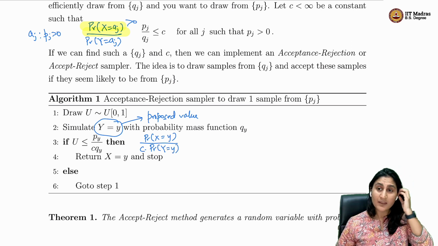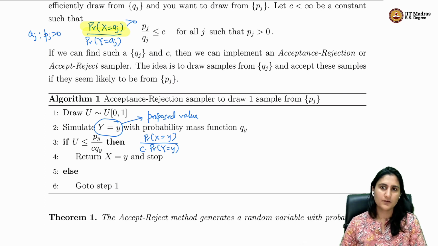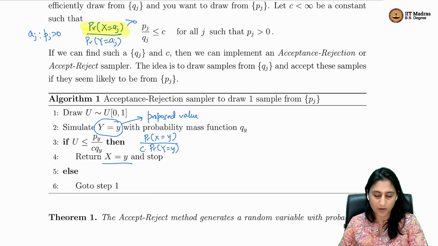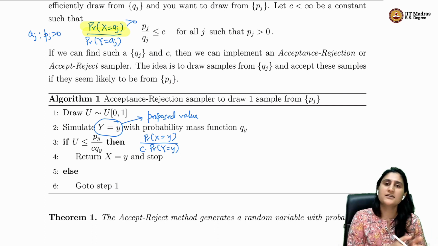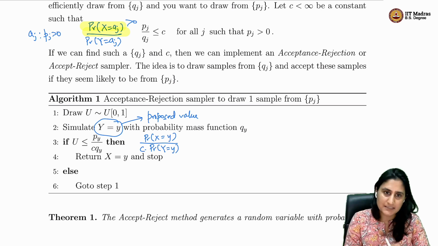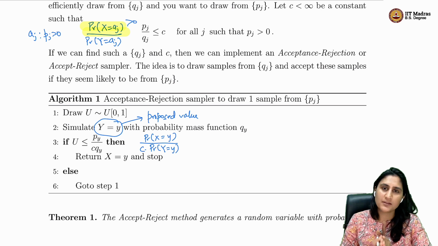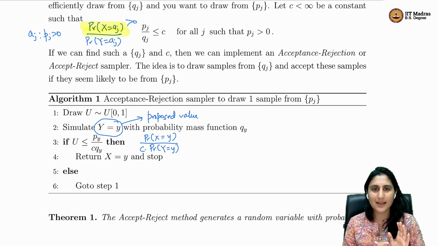Now if this holds, then we return x equal to y. So if the uniform draw is less than or equal to the probability that x takes the value y divided by c, and also divided by the probability y takes the value small y, then I return that x is y.